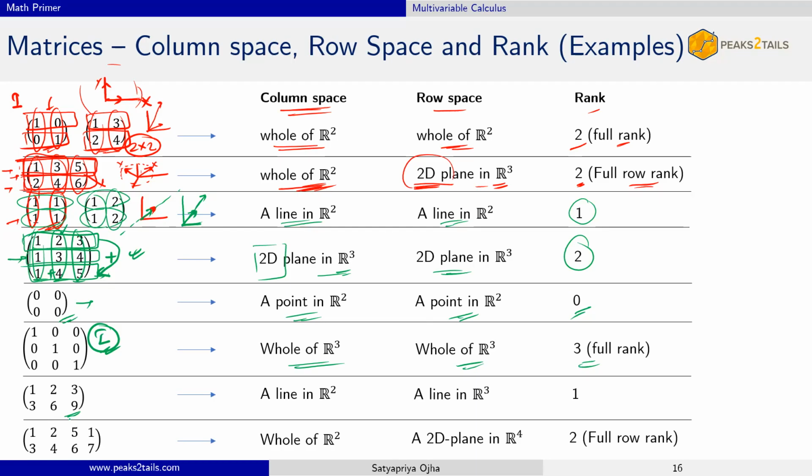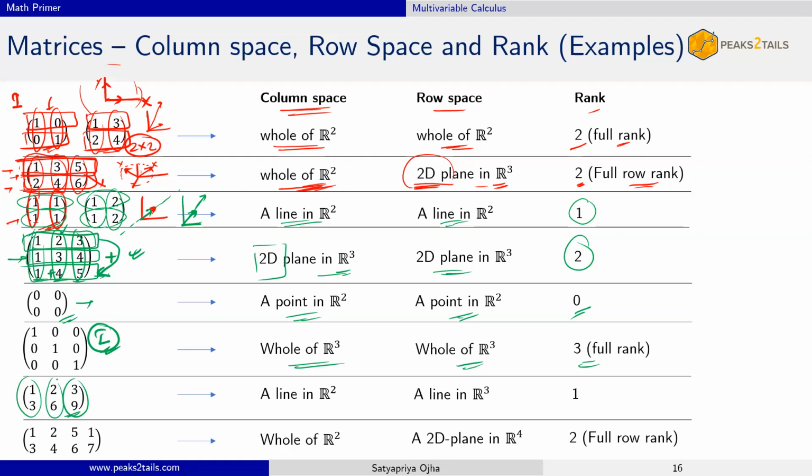A 2 by 3 matrix. If you look at the column space, you know for a fact that the column space cannot be 3D because these are 2D vectors, and the maximum space you can get out of 2D vectors is a plane. But you can do worse.